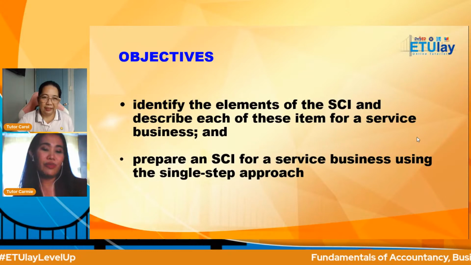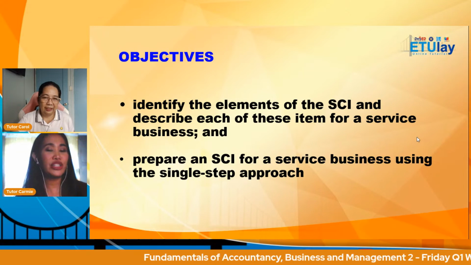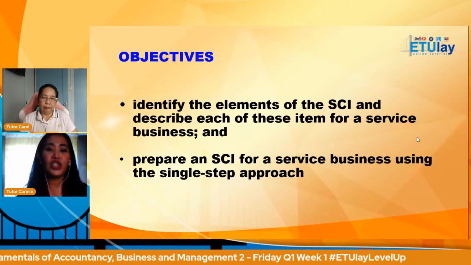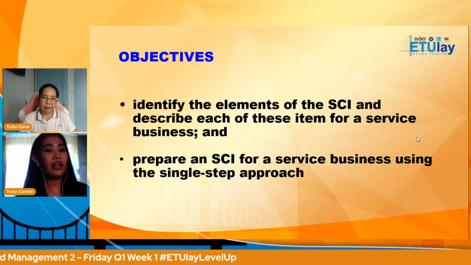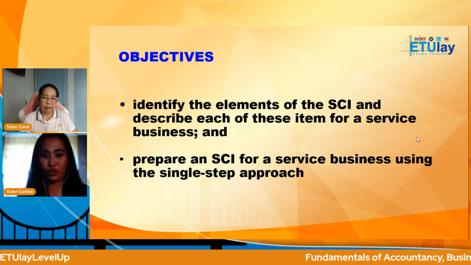So, for our lesson objectives for today, we are going to identify the elements of SCI or Statement of Comprehensive Income and describe each of these items for a service business and prepare an SCI for a service business using the single step approach.